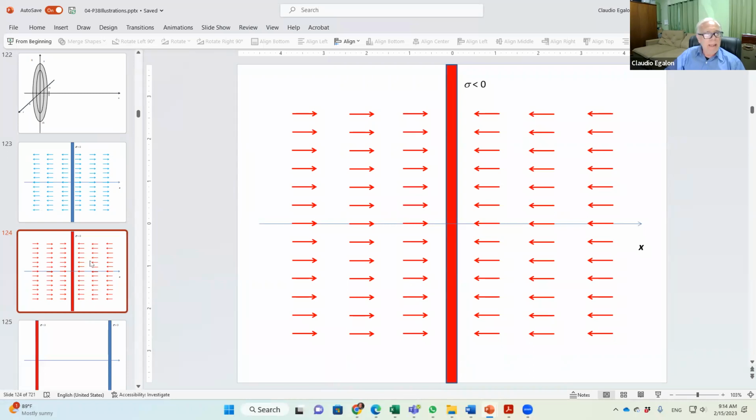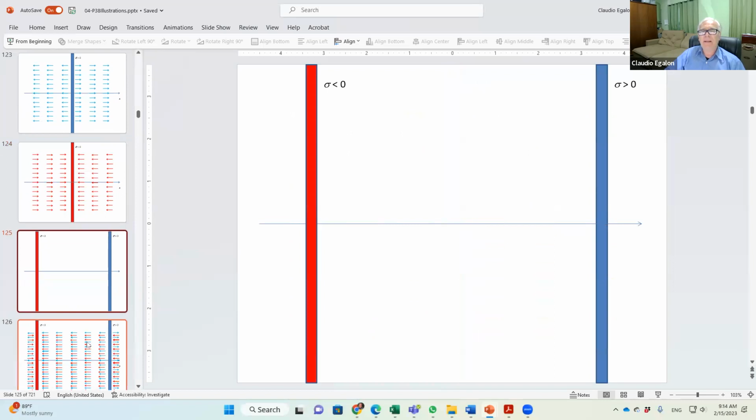In the experiment that we are going to do, we are going to combine this positively charged plate with this negatively charged plate. When you electrically charge one plate negatively and the other plate positively, something interesting happens.